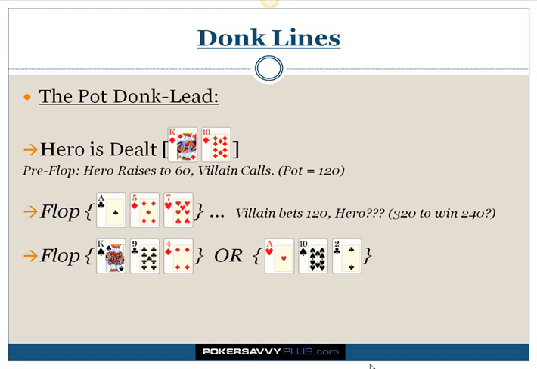So we're getting three. If we did raise here, I'd suggest that you raise to around about 320. You're making it 320 to win 240, which is not as good as the last situation when you were making a raise of a min-donk lead. The odds aren't as good as they were in the last situation, and you're bloating the pot.